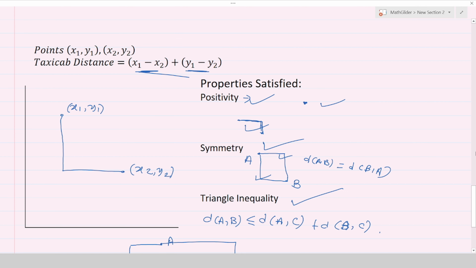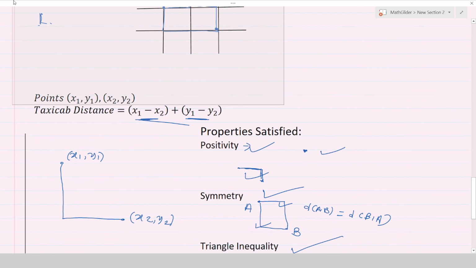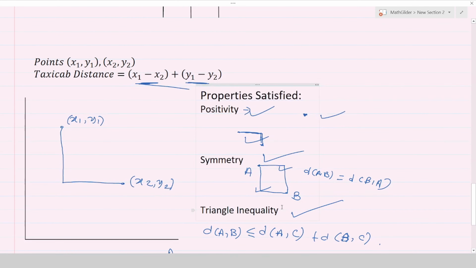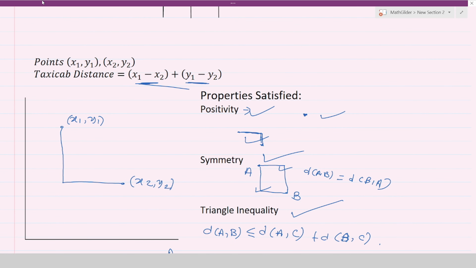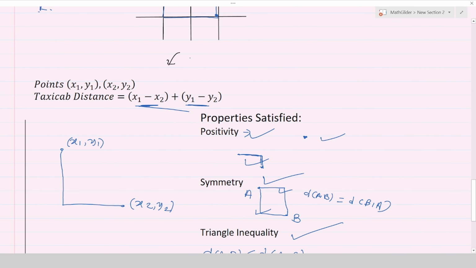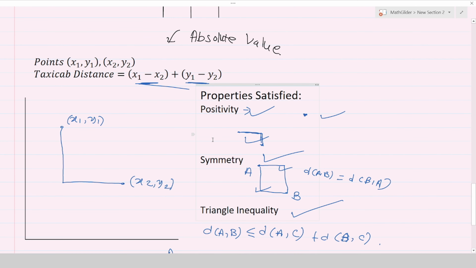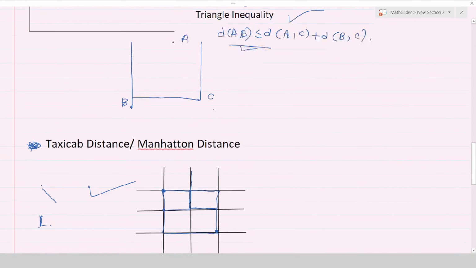So we take the absolute value here so that we don't have negative values, to satisfy the positivity property.